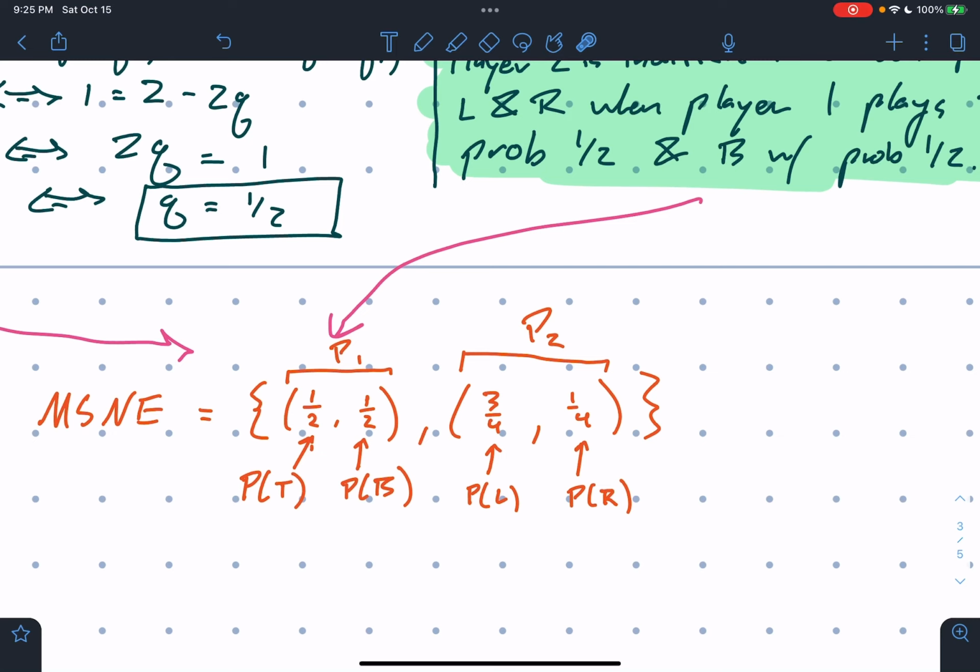When these both hold simultaneously, both players are indifferent between any of the actions available to them. This means that randomizing is one of their best responses, and thus this is an equilibrium. Neither player has a strict incentive to deviate, because they're indifferent between all of their actions. They can't improve by picking L or R, or T or B. Their best response is to stay here. All right.